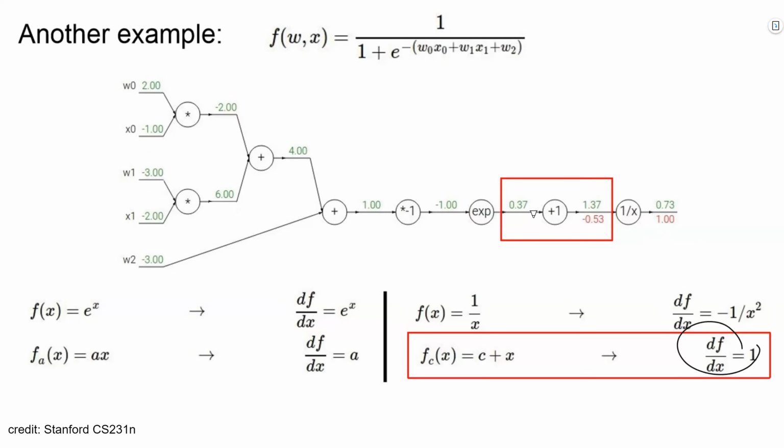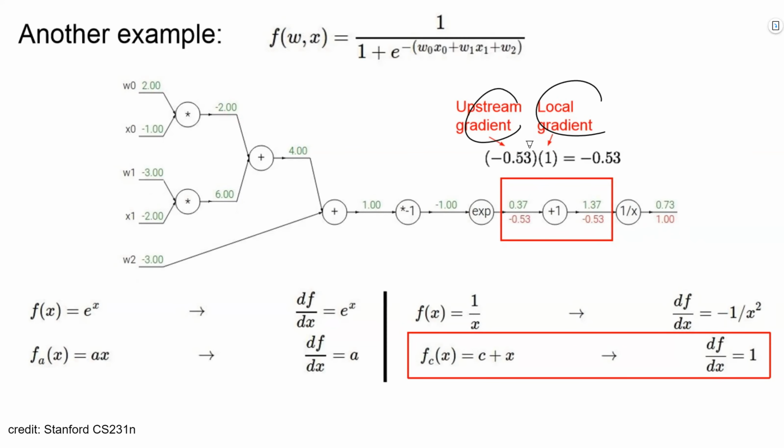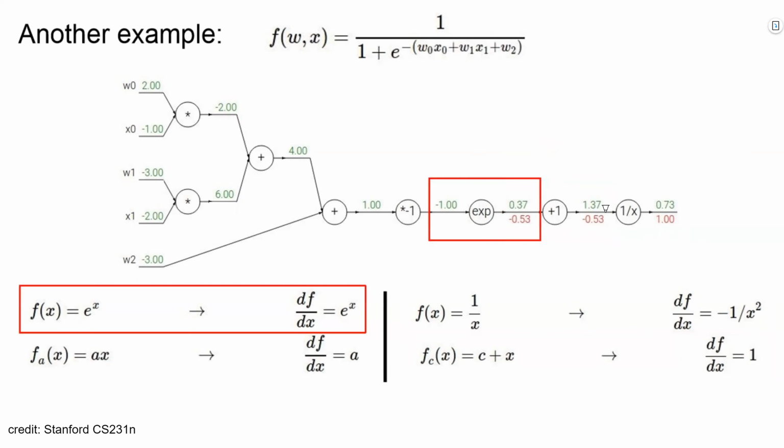So the upstream gradient just comes here. The local gradient is 1. The upstream gradient is minus 0.53. And for this part, the upstream gradient is this one, and the local gradient is e to the minus 1. And that becomes minus 0.2.